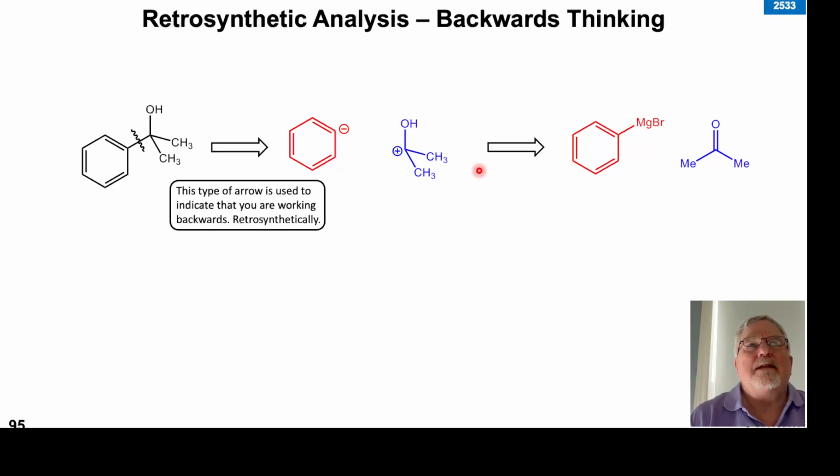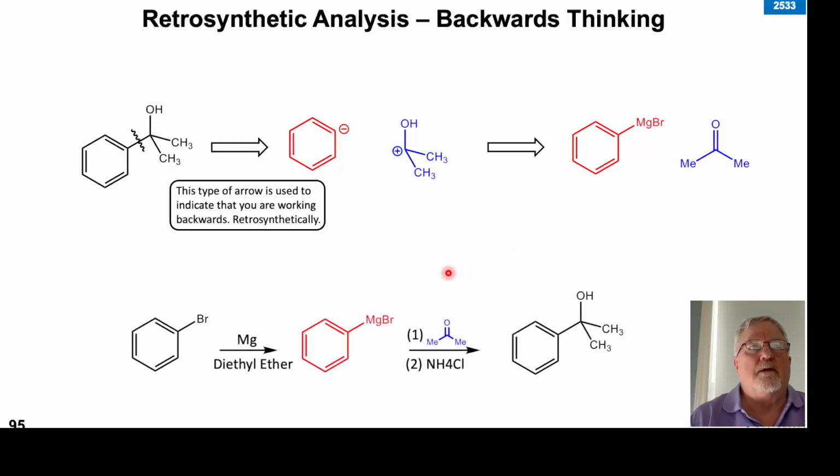So we say we need a nucleophilic piece and an electrophilic piece. Here's our nucleophilic carbon. This is an electrophilic carbon, so we can make this carbon react with this carbon because it's nucleophilic and form our carbon-carbon bond. So we thought about it.